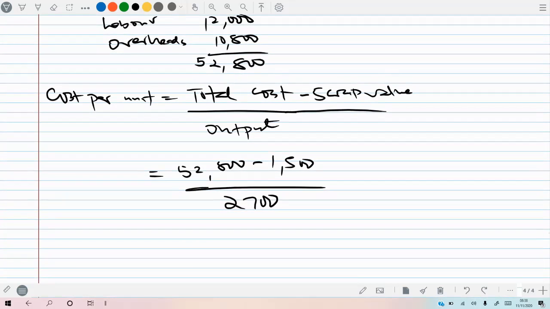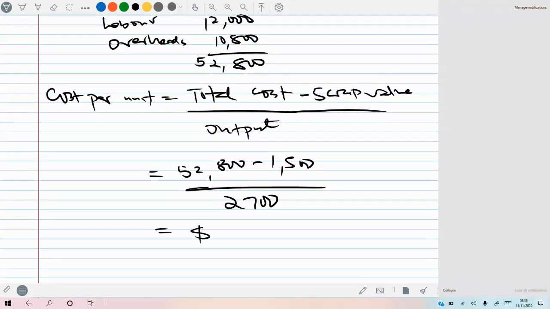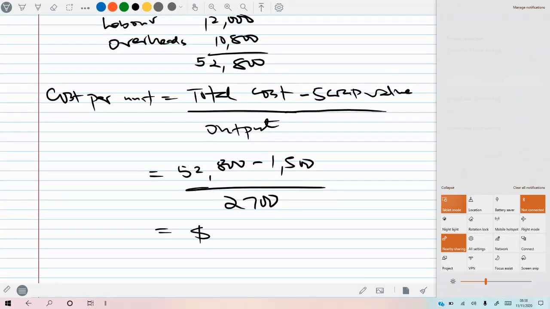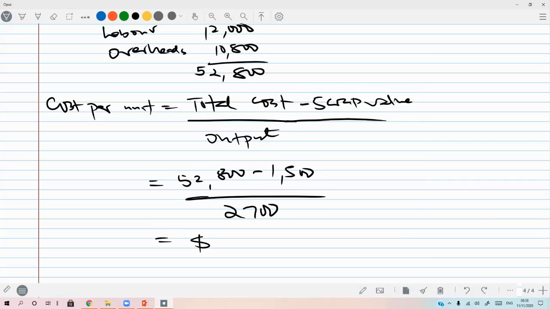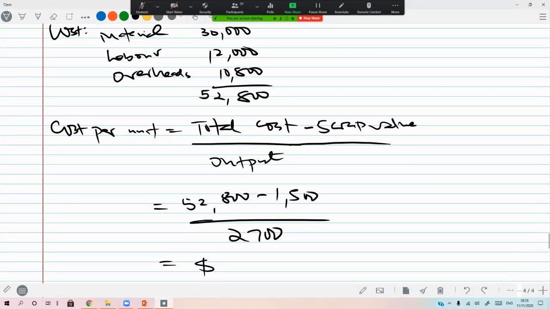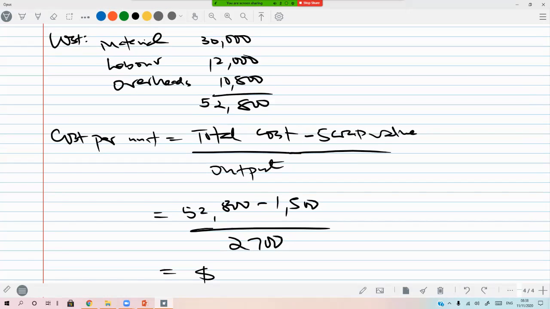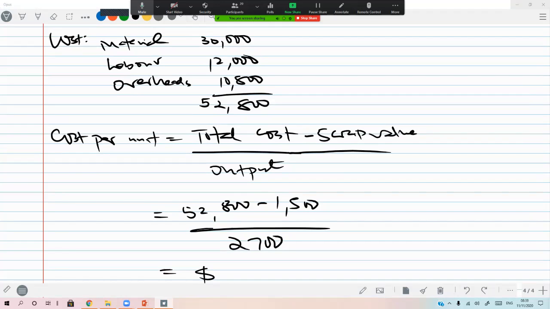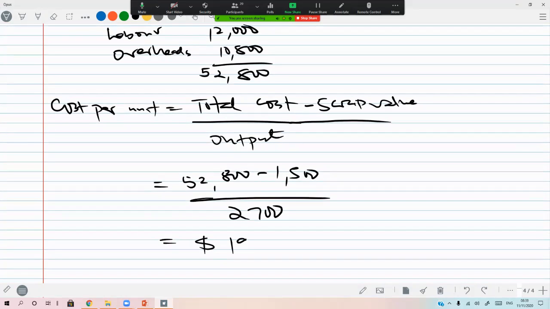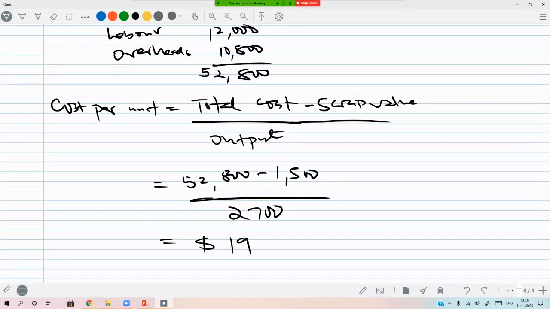What was the cost per kg of the output? What do you get? 19. Yes, exactly 19. Great. Therefore, the cost per kg of output is $19.